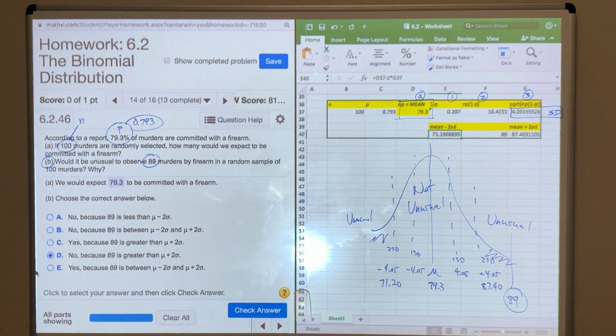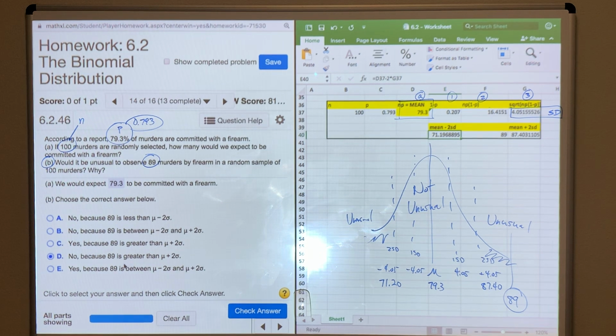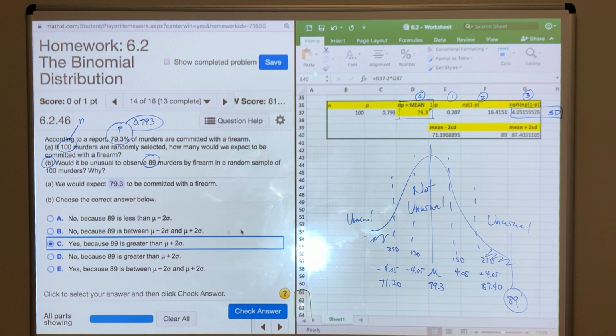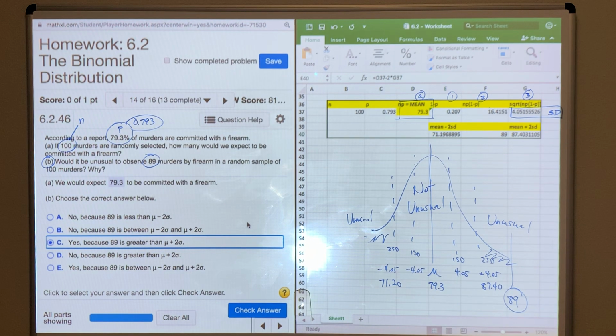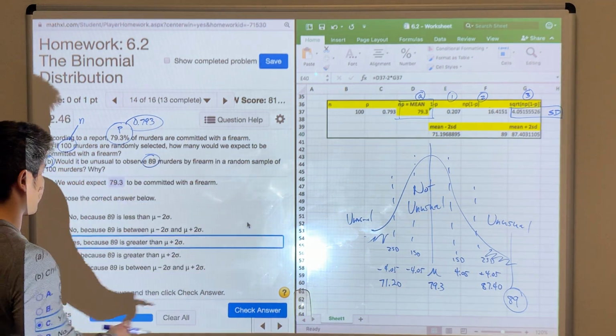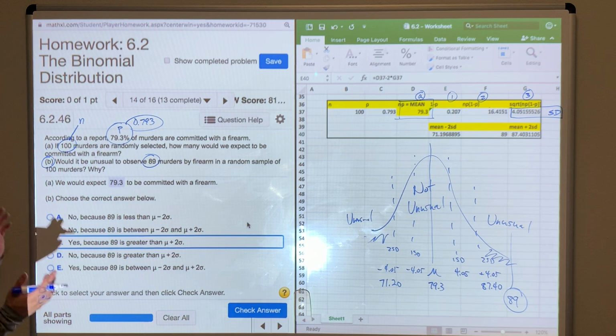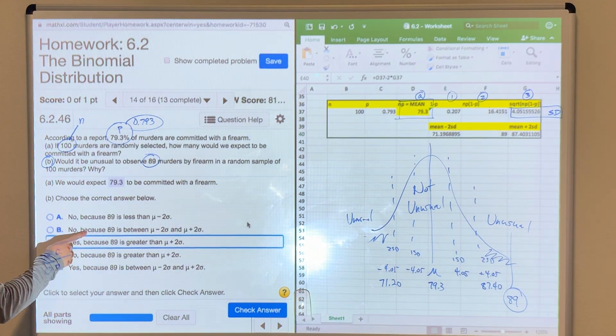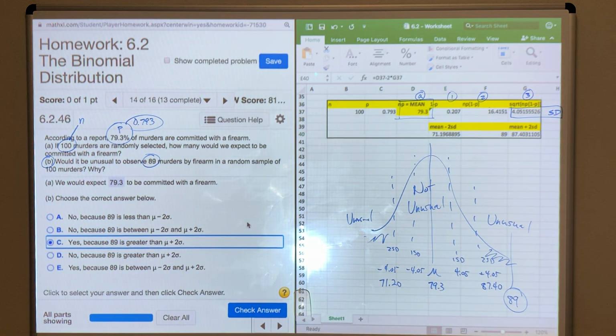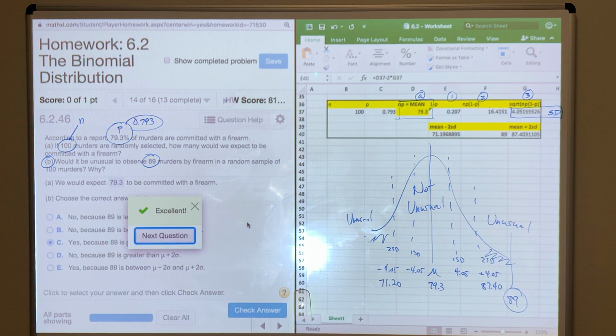So 89 is outside. Therefore, yes, it would be unusual because 89 is greater than 2 standard deviations. Now, if your number fell in between, you would say no, it's not unusual because 89 is between those. Sorry, totally messed that up. I apologize. That should be the right answer, and it is. Okay? That's it.